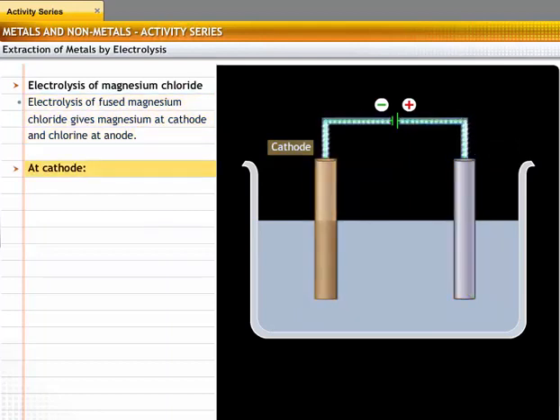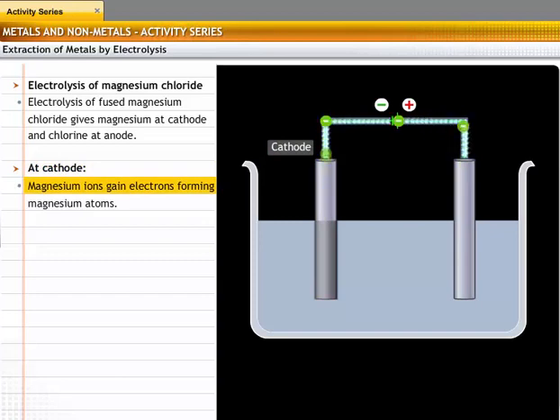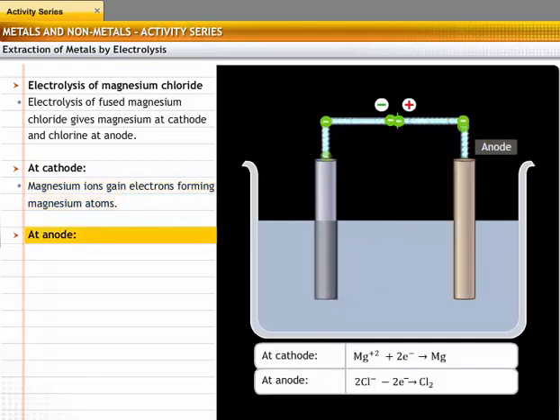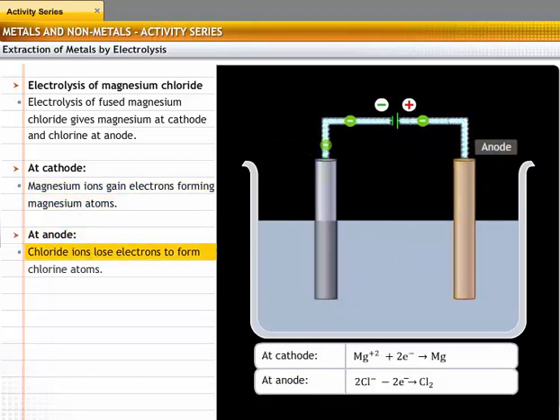During the reaction at cathode, the reduction of magnesium chloride occurs due to gain of electrons. Magnesium ions gain electrons forming magnesium atoms. During the reaction at anode, chloride ions get oxidized due to loss of electrons.